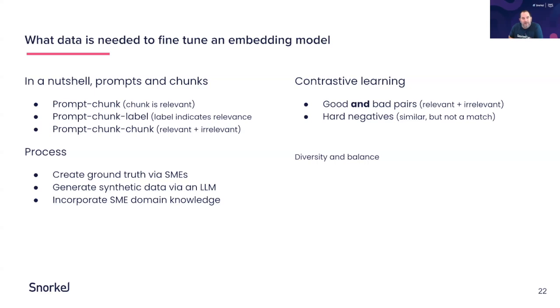But one thing I want to mention here is please remember to have a strong desire to hunt down those bad examples. We call them hard negatives. These are examples where the context looks like it should be a good match for the prompt, right? So you have some information. This looks like if I was answering the question, I'd probably want it, but it's not, right?